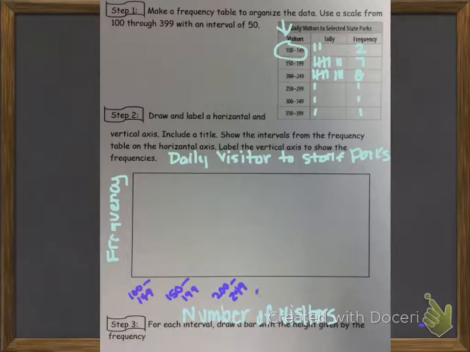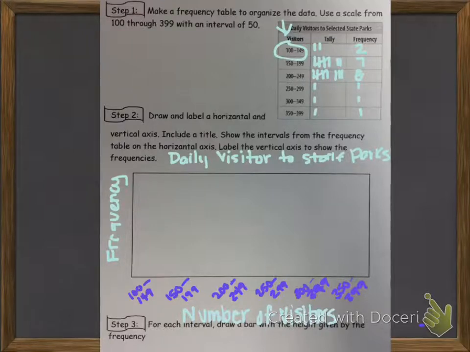Fourth, 250 to 299. Then we have 300 to 349, and then 350 to 399. Okay, those are your intervals.